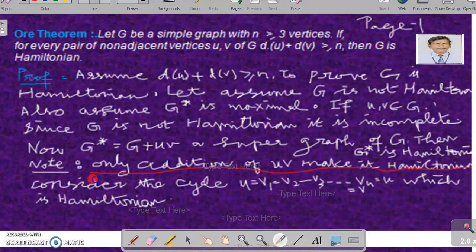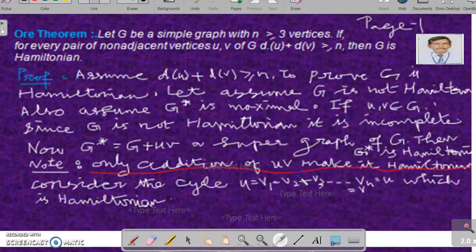Now note that, from this statement, only the addition of uv will make it Hamiltonian. G is not Hamiltonian, we assumed. It will become Hamiltonian when uv is added to G. That note will be useful at the conclusion.